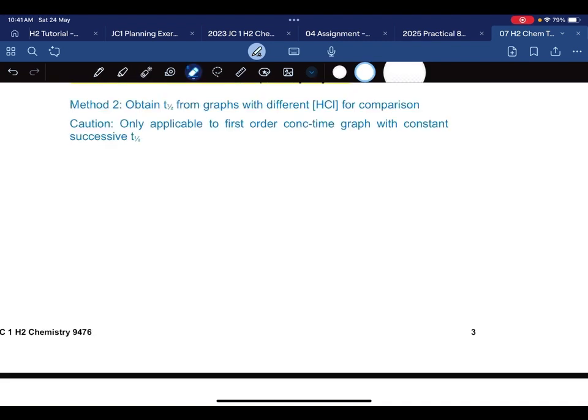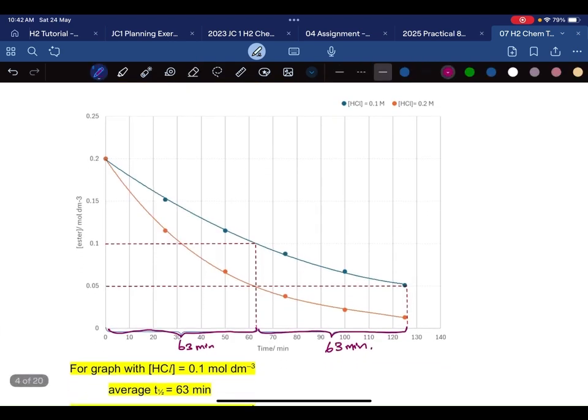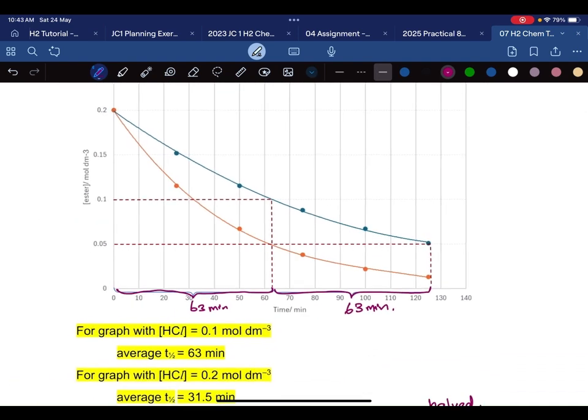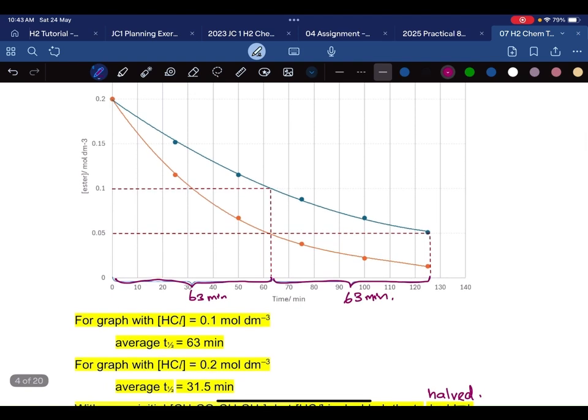There is a second method that we can use to show that the order of reaction with respect to HCl is first order. So how do you do this? Just very much like how we get T half for earlier on, for the graph with concentration of HCl being 0.2 mole per dm cube, you will do the same for the graph with 0.1 mole per dm cube HCl concentration.